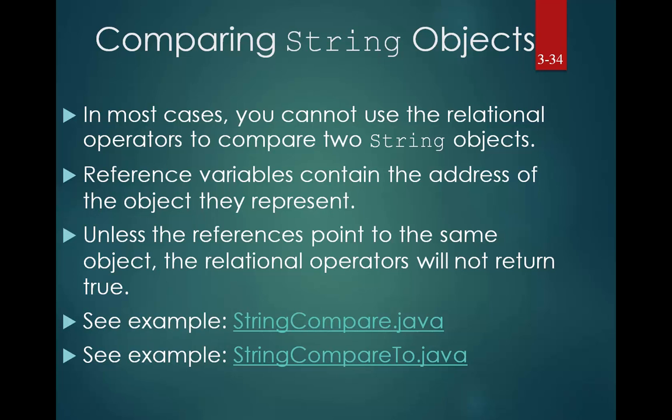But there are actually ways built into Java to do alphabetic string comparison. You're not actually comparing the string variable with another string variable. When you compare string objects, you're going to call a routine that runs an algorithm that does a kind of alphabetic comparison between the two strings.